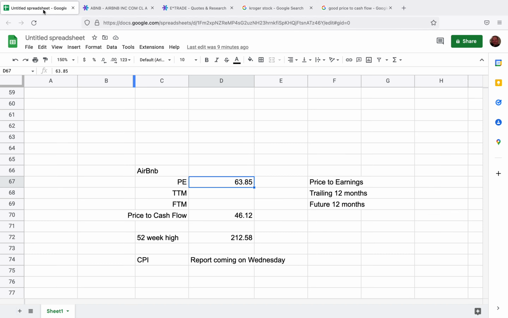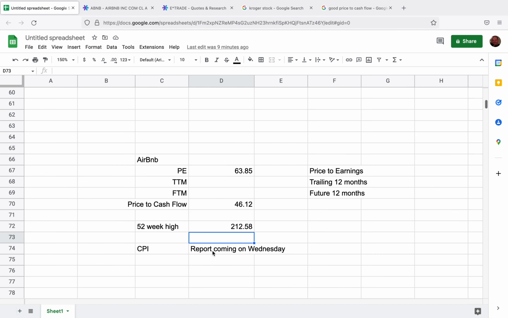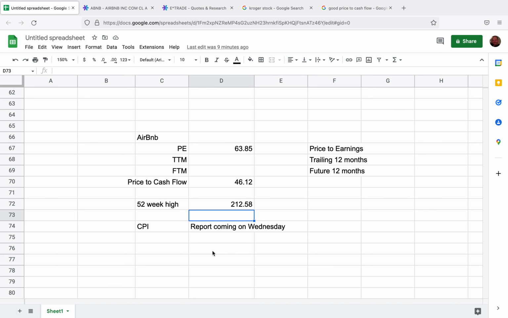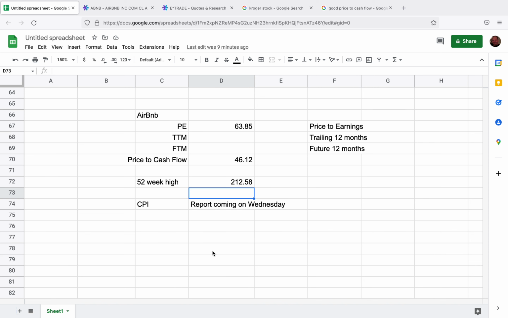And then the other key thing here is the CPI report, the Consumer Price Index, coming out on Wednesday. That's another version of the inflation rate, and most people, myself included, expect it to be really high.